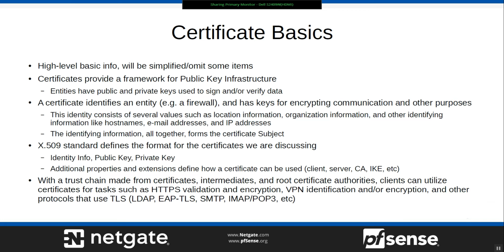There are SSL or TLS enabled versions of all of those. There's also EAP-TLS, which you'll sometimes see in concert with IPsec, like IKEv2 uses EAP, and also with 802.1x or WPA2 for wireless. You'll see certificates around there as well.